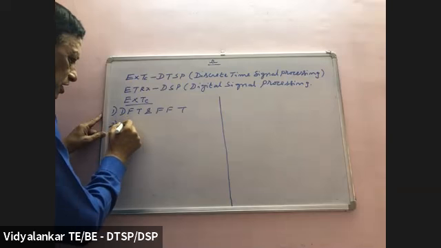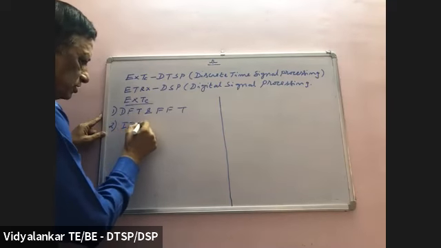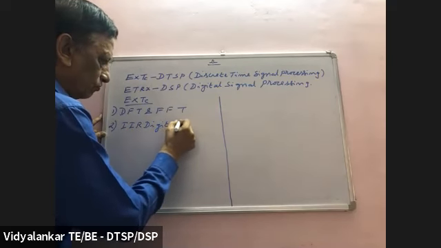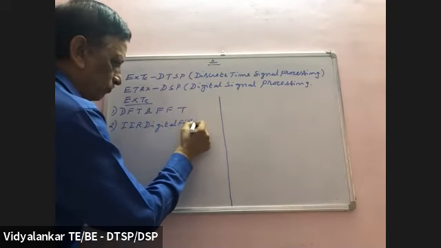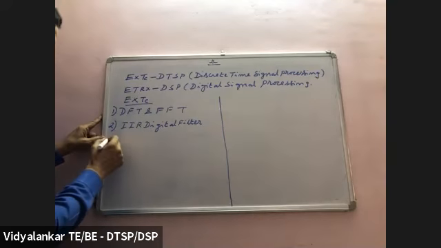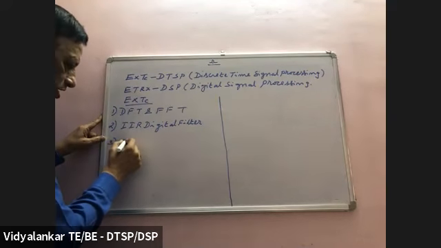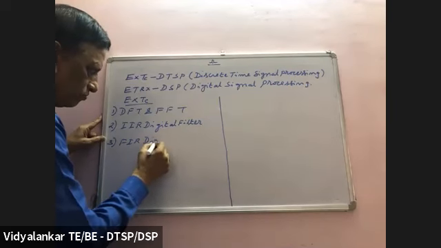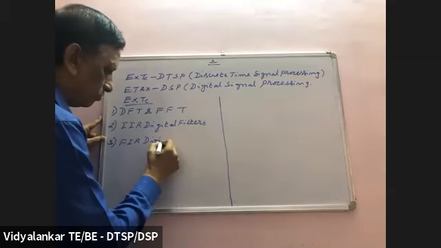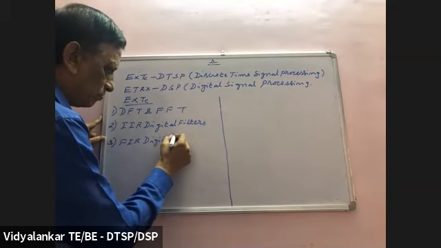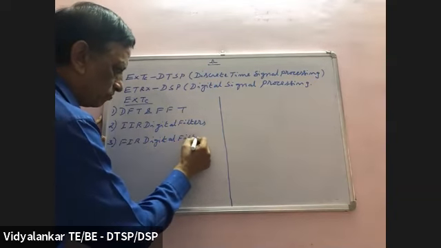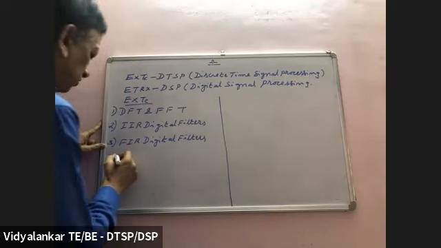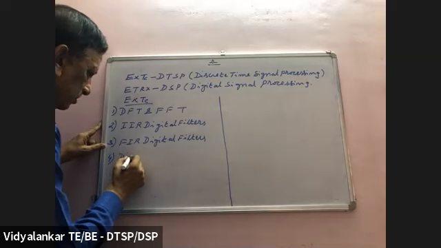Second module is IIR digital filters. Third module is FIR digital filter. And fourth module is digital filter structures.